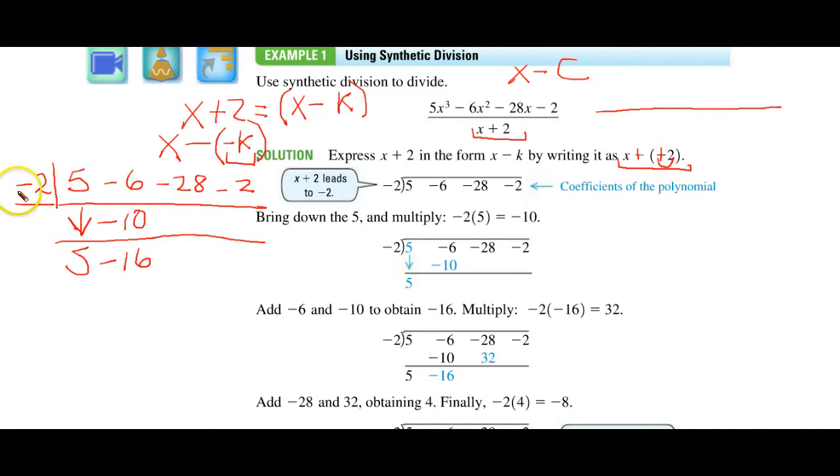We then take a -2 times a -16 and get a +32. Again, we don't change signs, we just add. This becomes a +4. Then we take our -2 times a +4 and we get a -8.